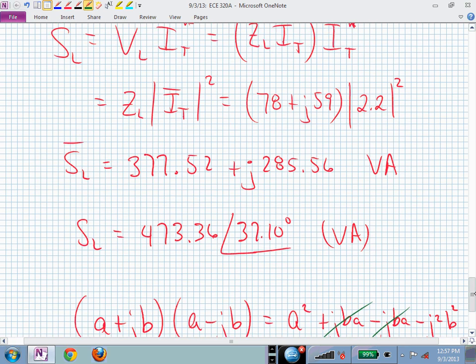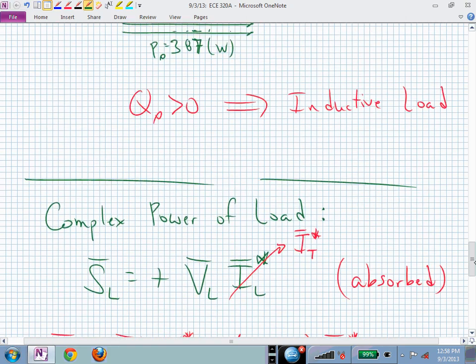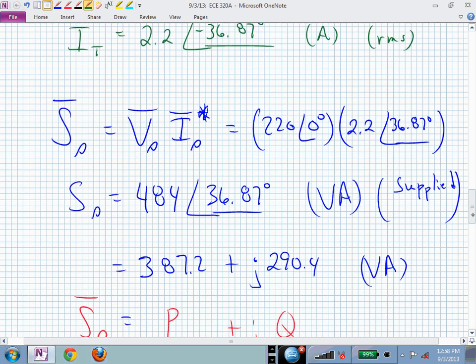So now the angle of the load, the question was, I can see a difference in my angles. There's an angle of the load of 37.1. There was an angle of my source of 36.87. Now what we will see is that we need to keep track of these angles because powers add vectorially, meaning we need to keep track of the real parts. So we can add the real parts, we can add the imaginary parts, and then worry about the totals that way.